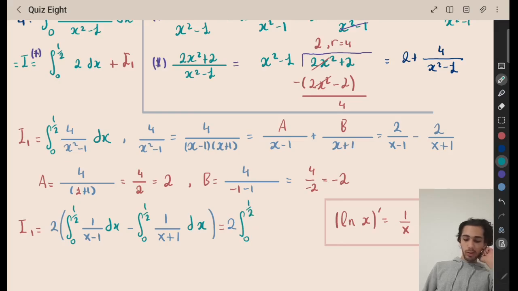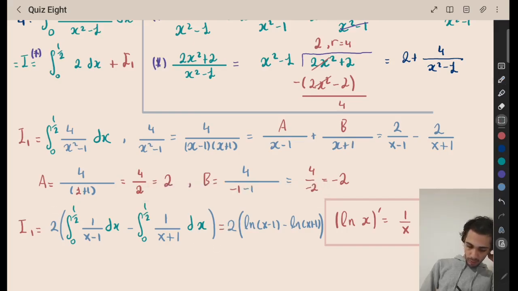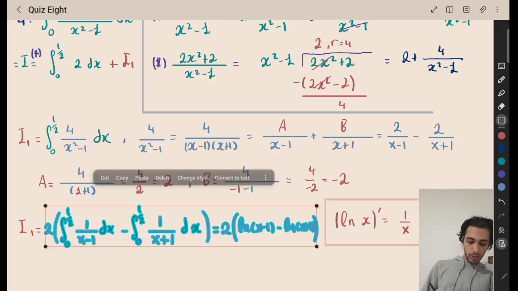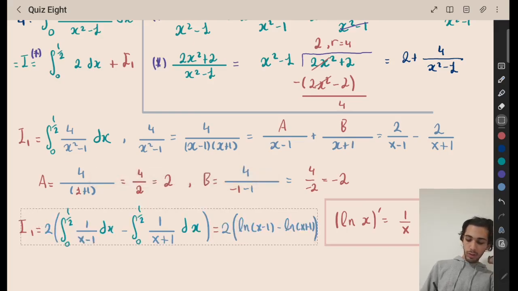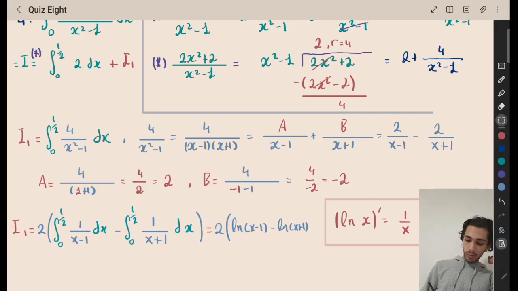I'll just hand wave it as I just did. So the values we get are ln of x minus 1 minus ln of x plus 1, twice of this, of course. And let's not forget our integration boundaries, which we still need to plug in, from 0 to half.